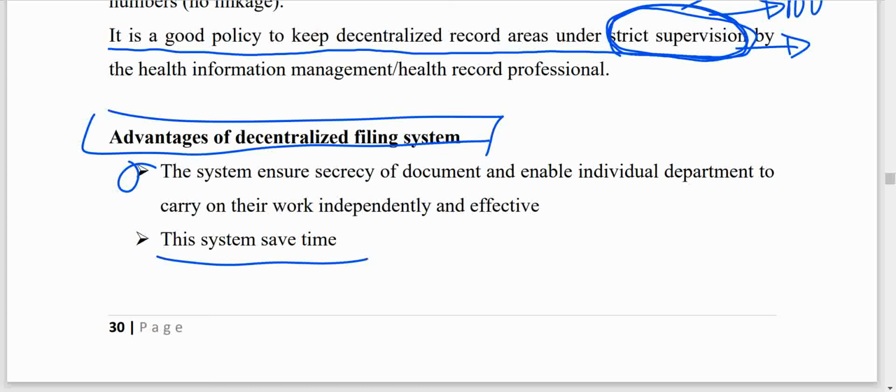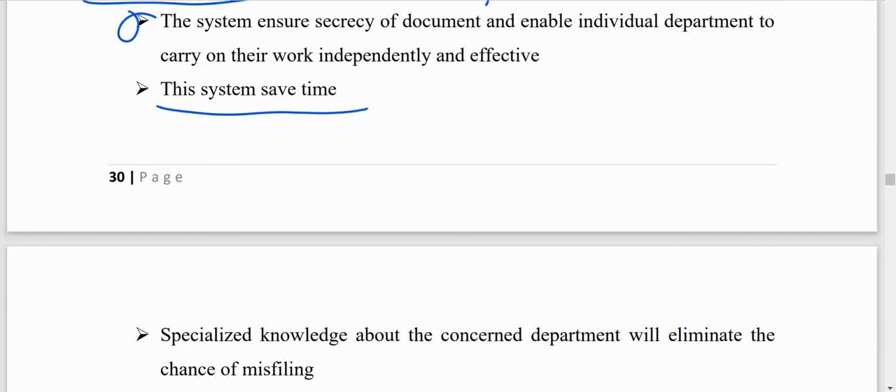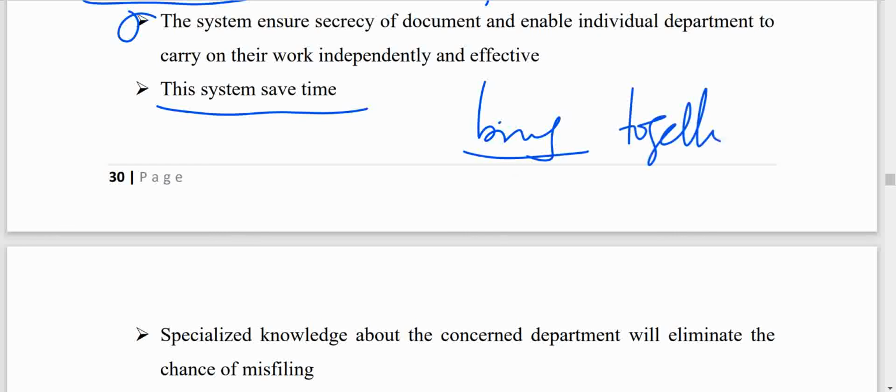Next is that this system saves time. How? We have time wasted when you're using the centralized filing system. One, you're supposed to bring all the records from different departments together. So there you will use time.